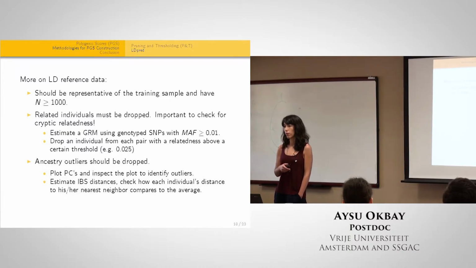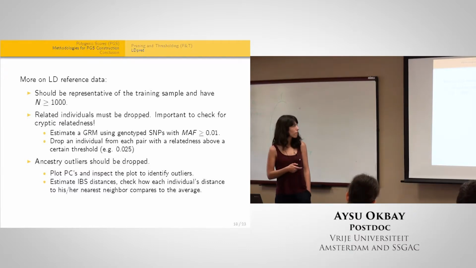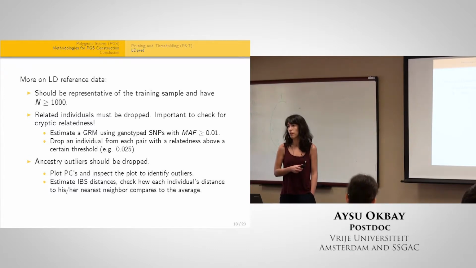It's not going to be perfectly representative of your discovery sample, because your discovery sample is probably a meta-analysis of, I don't know, 60 cohorts. But the same ancestry usually works well. And it should have a sample size of at least 1,000, which is what they give in the LD Pareto paper. The larger the better, because the LD estimates will be better.